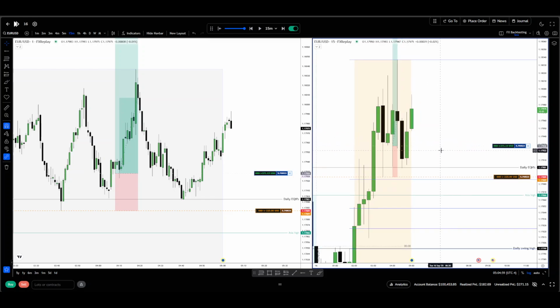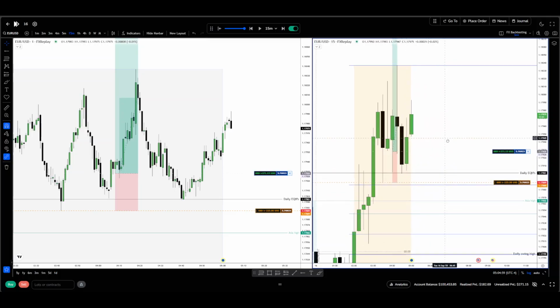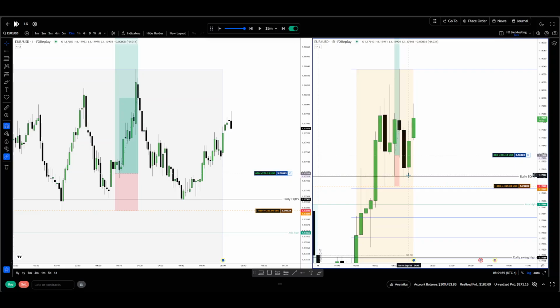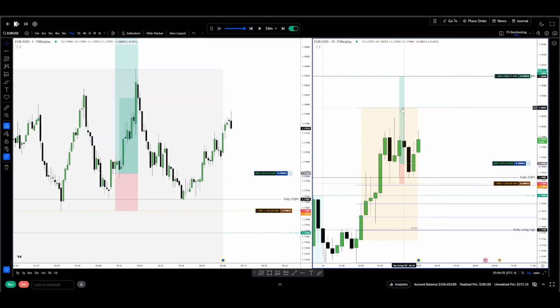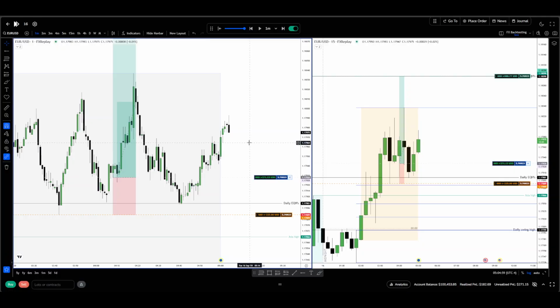So usually this means this is a failure swing, and a rule of thumb is that the high that created this low is now being attacked. So this low was created by this high right there. So that is a nice confluence to have, to see this high being attacked.